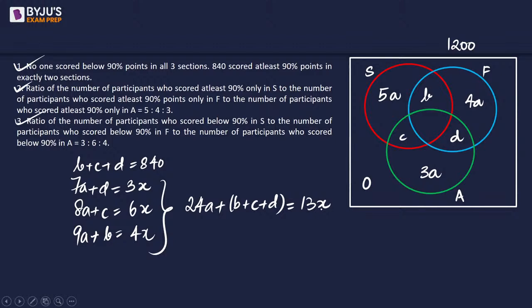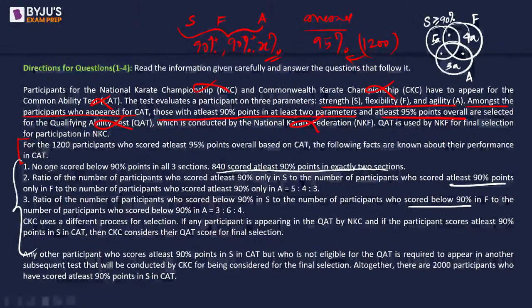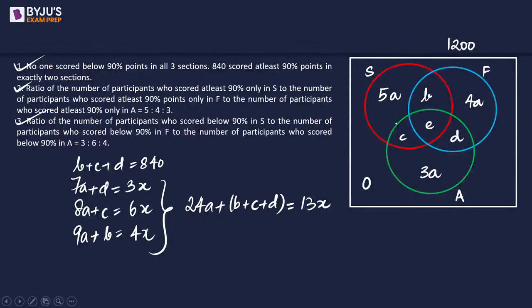13 के टेबल का नंबर है हमारे पास. Okay, if we call this as an E, E is that particular person who scored at least 90% in all the 3 sections, right? We are also given that sum of all of this, which is 5A plus 4A plus 3A, which is going to be 12A, plus B plus C plus D plus E, this is 1200.